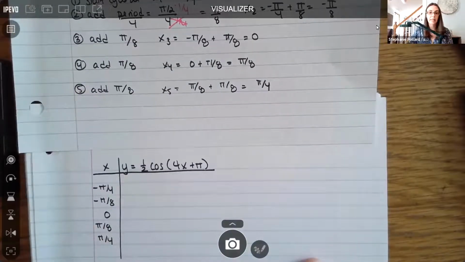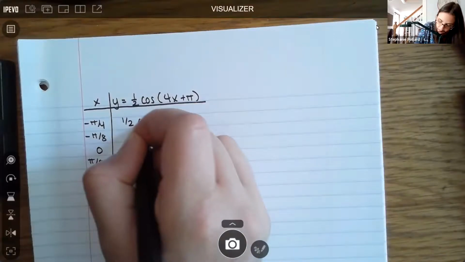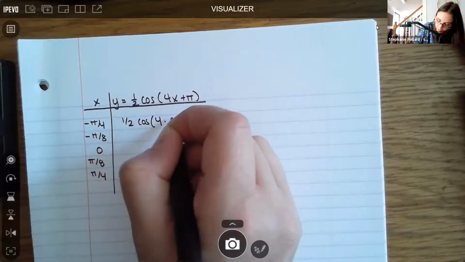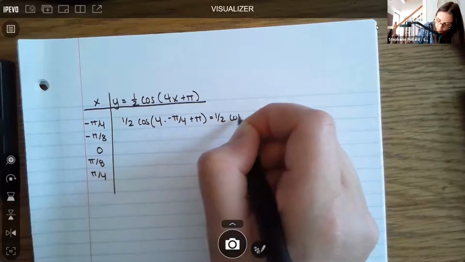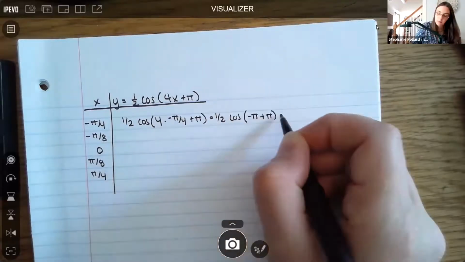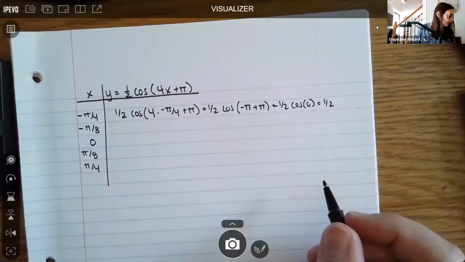And I'm going to go ahead and plug those in each time. So I have 1/2 cosine of 4 times negative pi over 4 plus pi, which is 4 times negative 0. Now, cosine of 0 is 1. So when I multiply that through, I get 1/2 here.